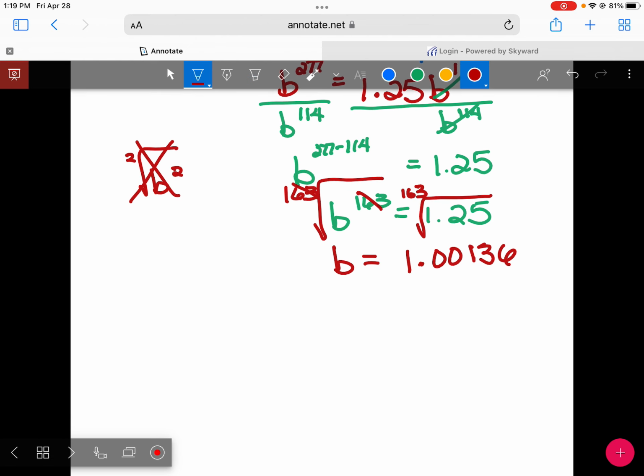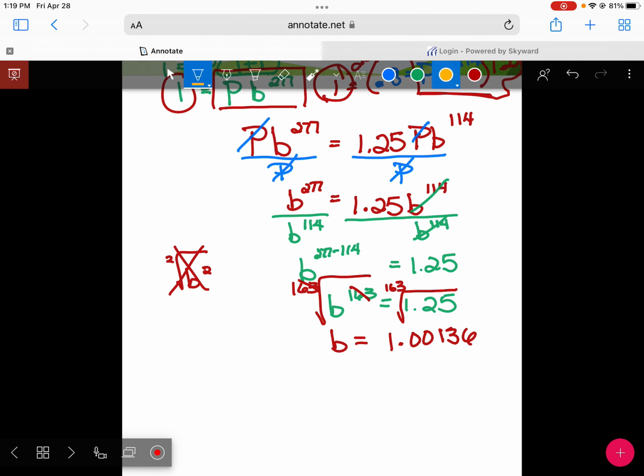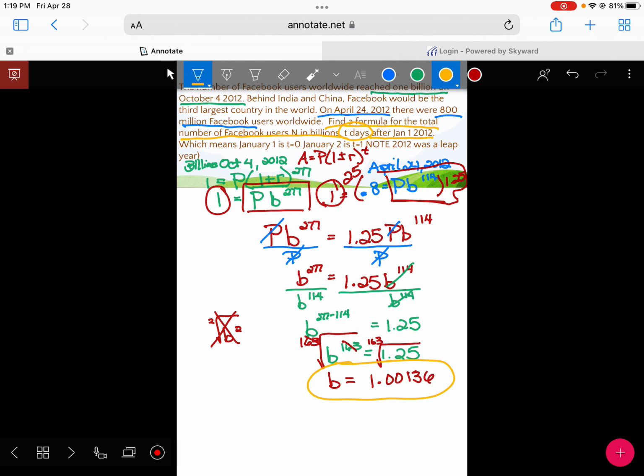Growth factor. All right. We know the rate. Do we need to know the rate? Actually, we don't. But now we need to go back and figure out what P is. Okay? So I'm going to substitute this back in for one of my equations. I'm going to do this one.